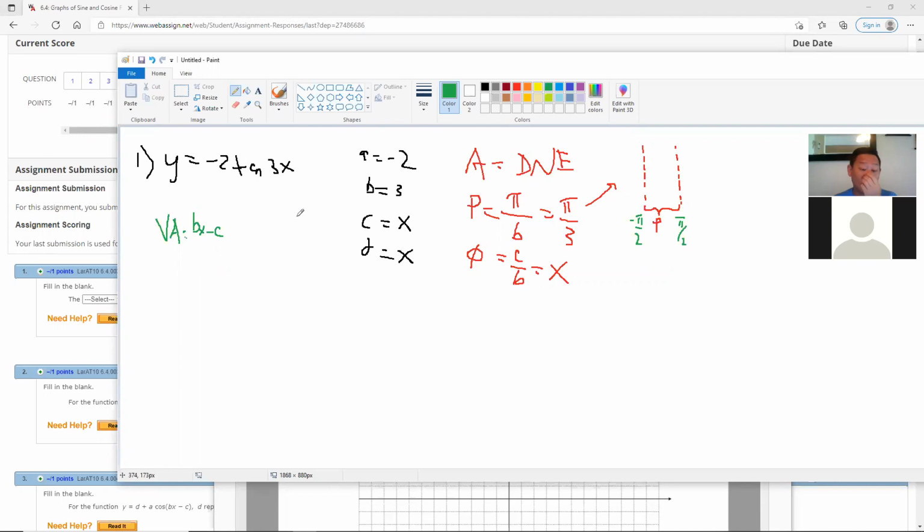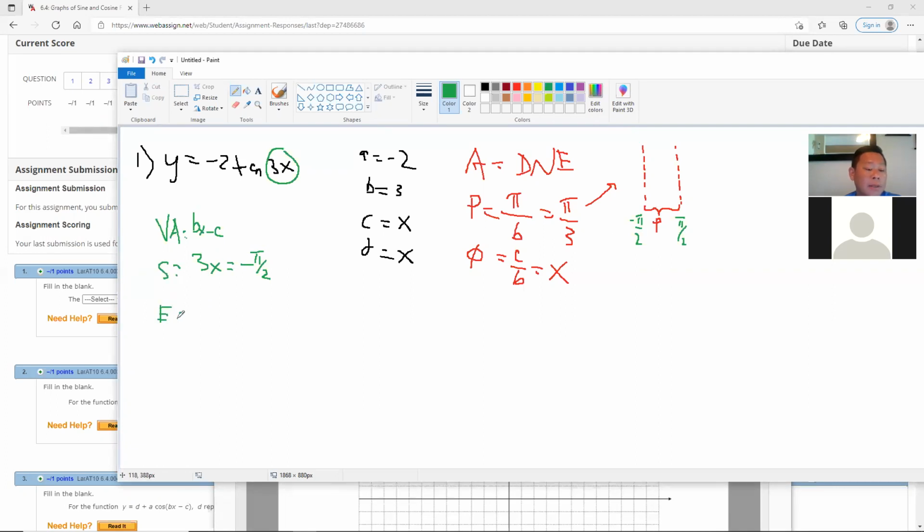So when you find your vertical asymptote, you have to use these two numbers. Your bx minus c is inside your parentheses, so in this case, it's just 3x. You start from negative pi over 2 and solve for x. This is your starting point.